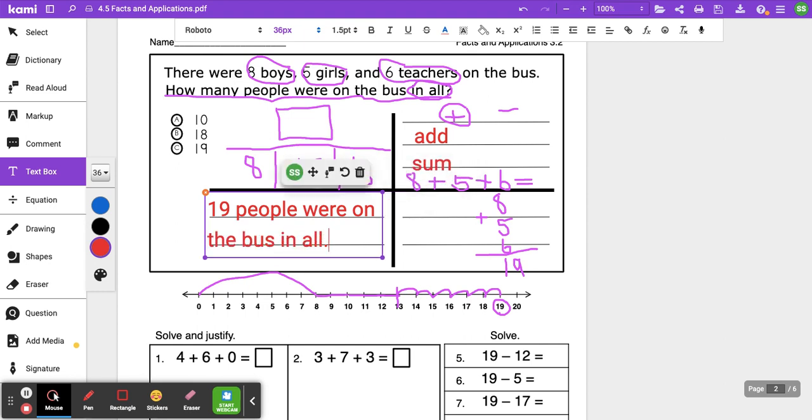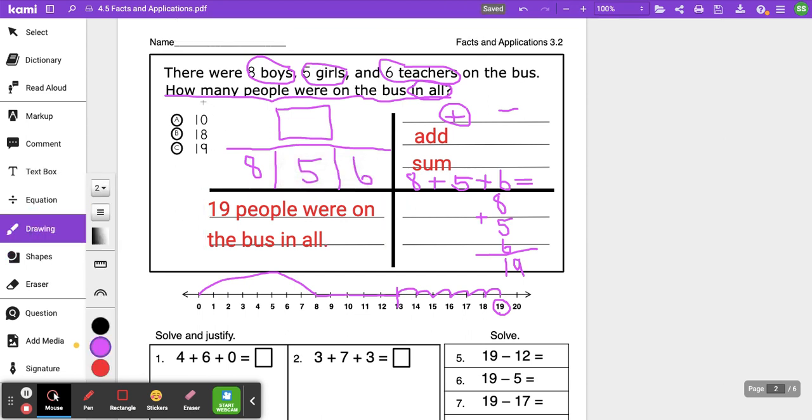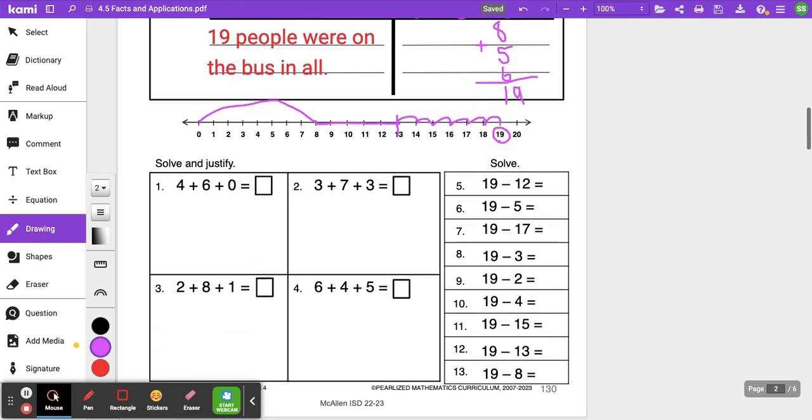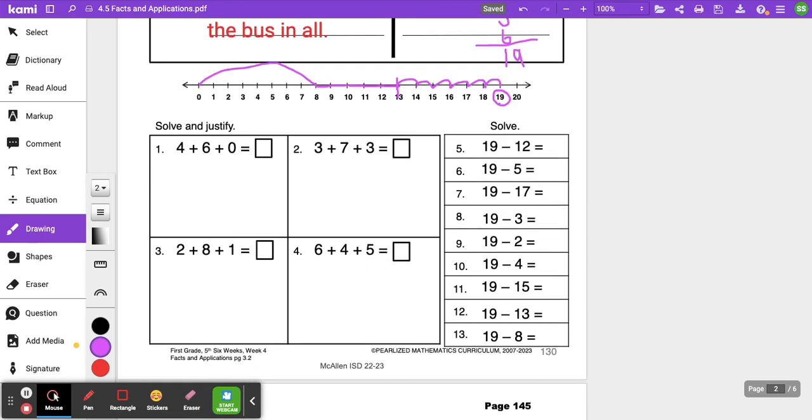And I need a period. Am I done? Nope, I have to come over here and bubble my answer. We've said that the answer was 19. So it's answer option C. Bubble, bubble, bubble it up. There you have it.